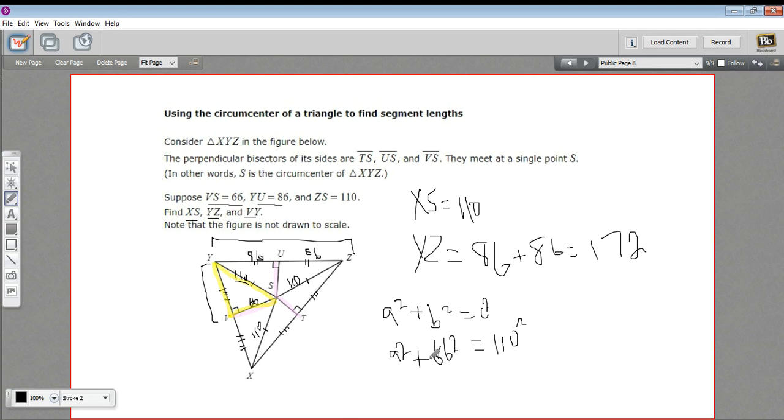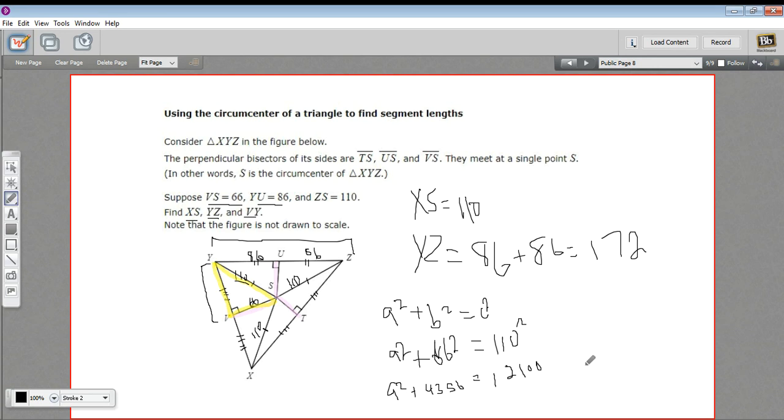So let me pull out my calculator. 66 squared is 4,356. So I've got a squared plus 4356 equals 110 squared, which is 12,100. So to solve for a squared, I need to subtract 4356.